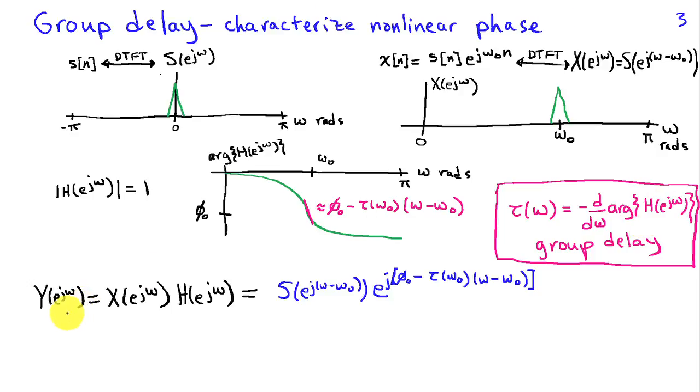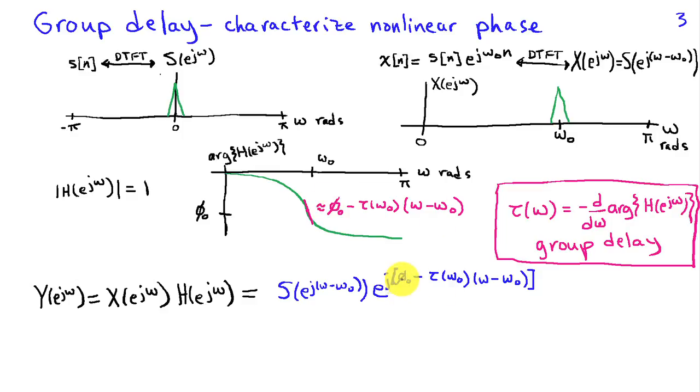We'll apply this particular input, X of e to the j omega, with frequency content in the vicinity of omega naught, to the system. The output can then be written as X of e to the j omega, which I'll write as S of e to the j (omega minus omega naught), times e to the j times this phase term where we're using the linear approximation.